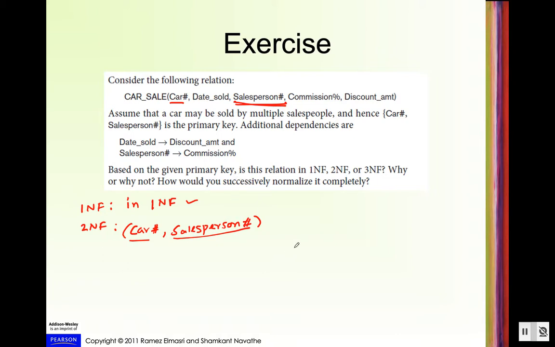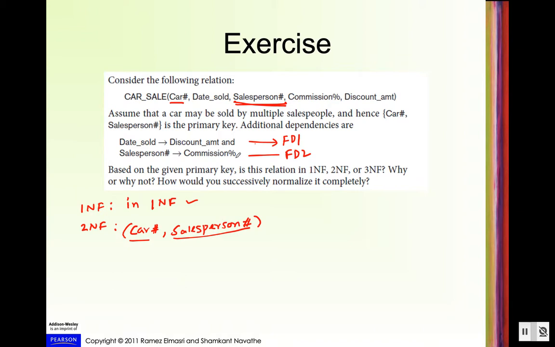I can see that here I have the commission amount, which only depends on the salesperson. Let's name the dependencies FD1 and FD2. I have here commission percentage, which only depends on the value of salesperson.